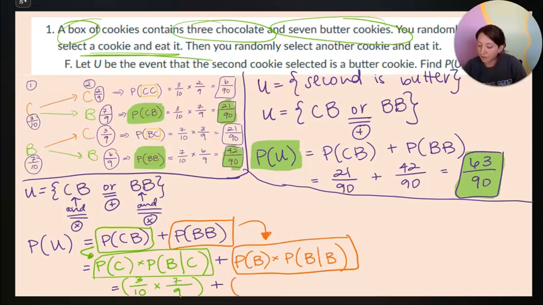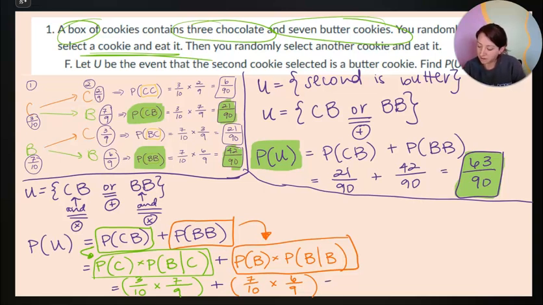Then the probability that we have a butter cookie first would be 7 out of 10, because that's how many butter cookies we have. We multiply that by the probability that we have a butter on the second, given that we already ate a cookie. Out of the 9 remaining, if we've already eaten a butter cookie, we only have 6 left. So that corresponds to all of those.